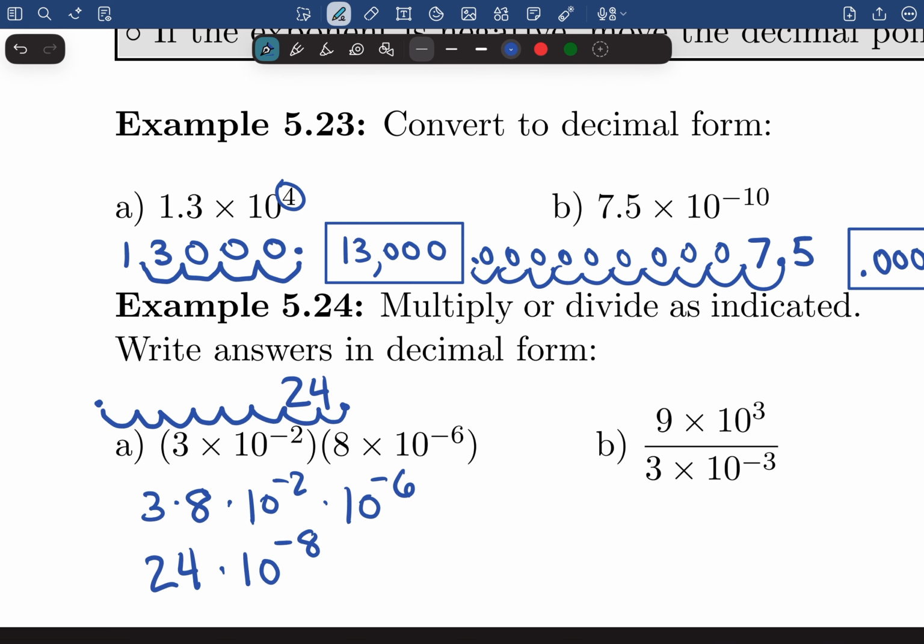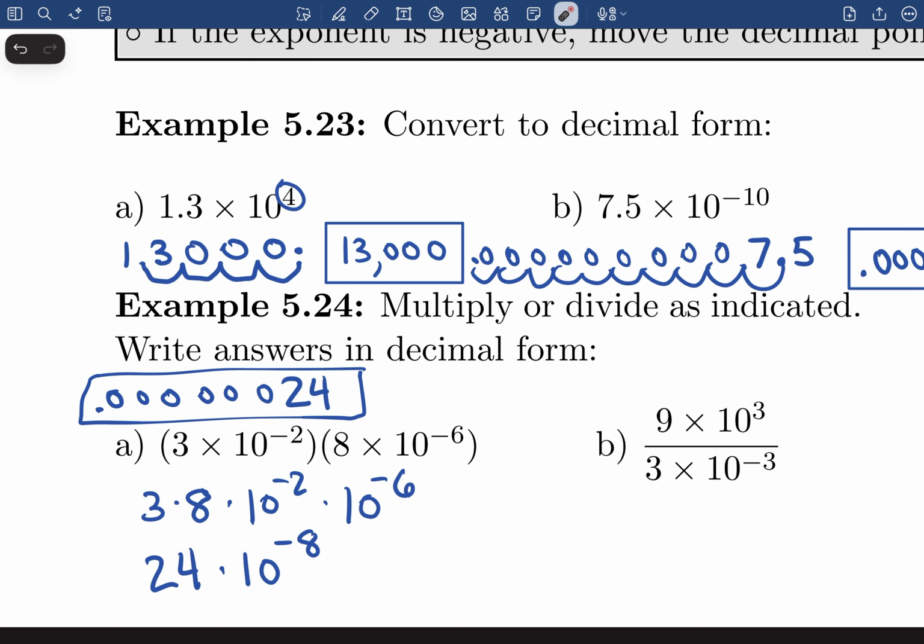My new decimal goes there, and I fill everything in with zeros. There you have it. And so that is my result. I'll just get rid of this stuff underneath it, and I will show that that's the answer. 0.00000024. Great, we just multiplied these two things in scientific notation together.